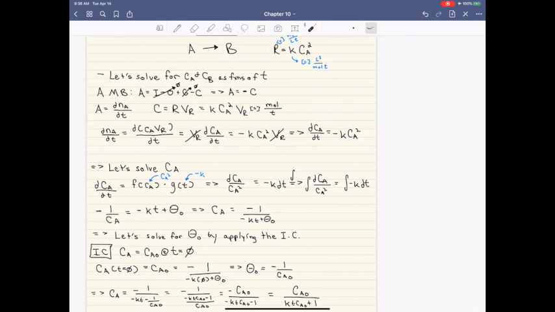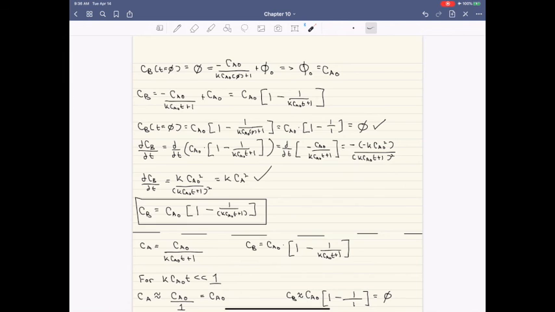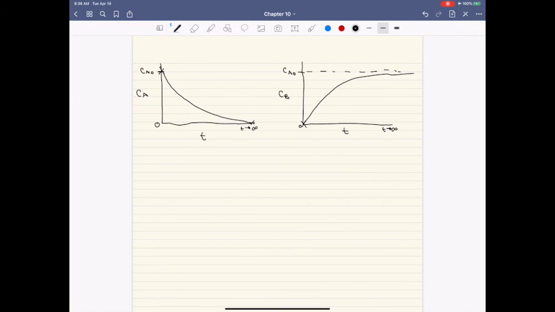And if we plug in for theta naught, going all the way back here, what we could say is that if we rearrange our Ca equation, we have an equation that looks like this. Okay? Where the reciprocal of Ca minus the reciprocal of Ca naught is equal to kt. So make sure you're comfortable with manipulating our Ca equation so that it has this form.